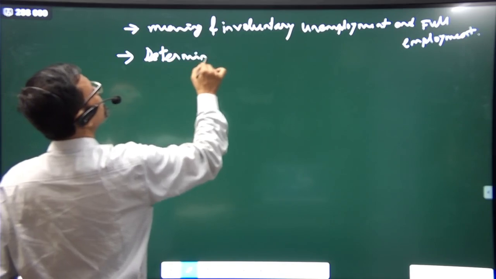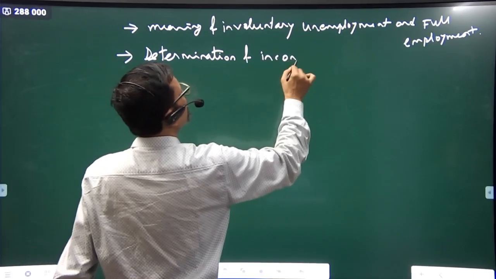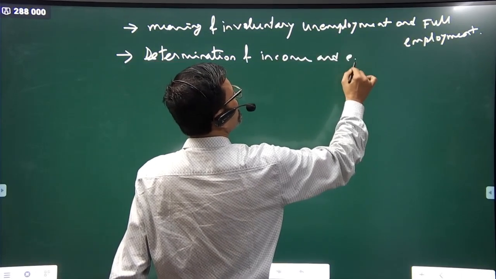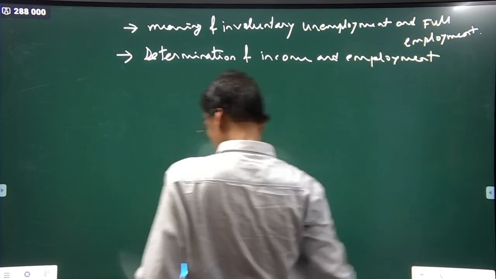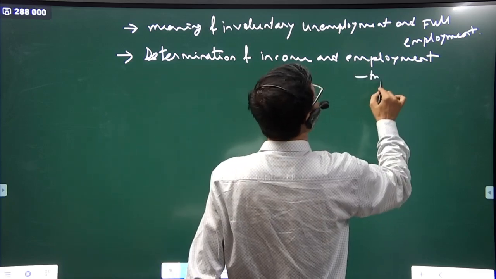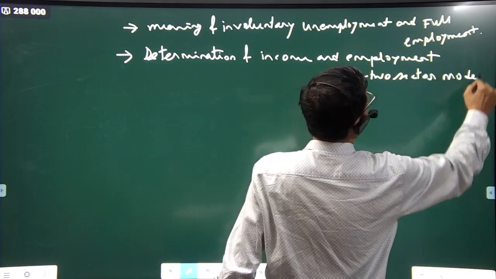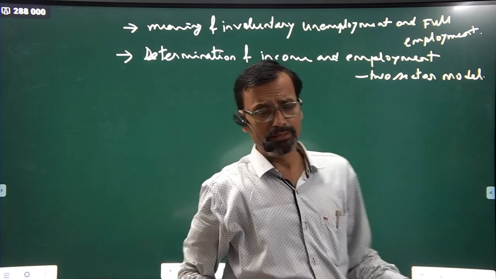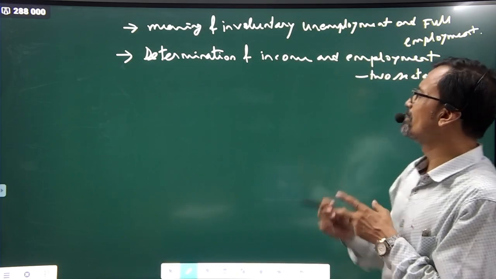And determination of income and employment, two-sector model. Here two-sector means consumption expenditure and investment expenditure.